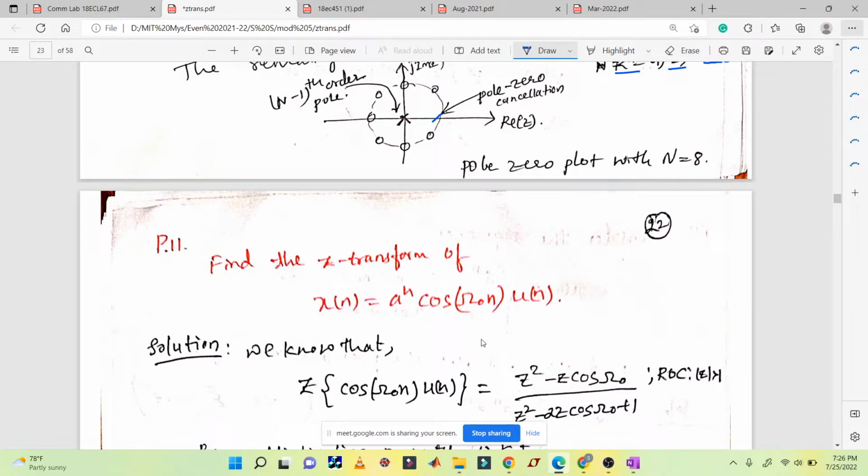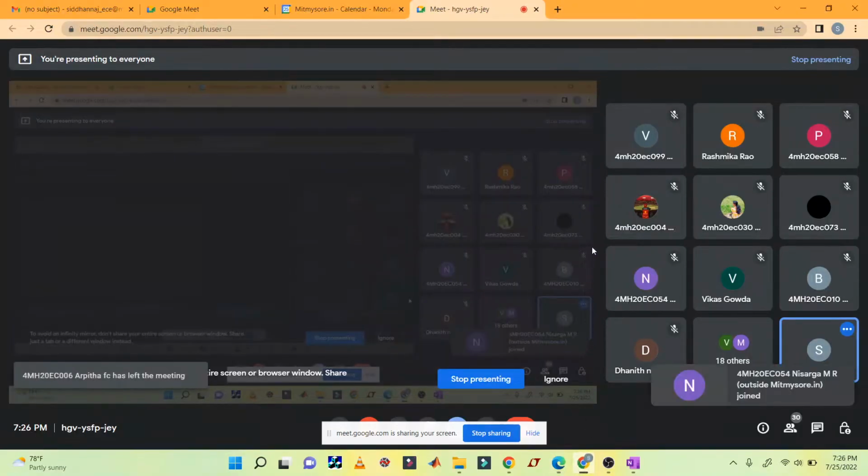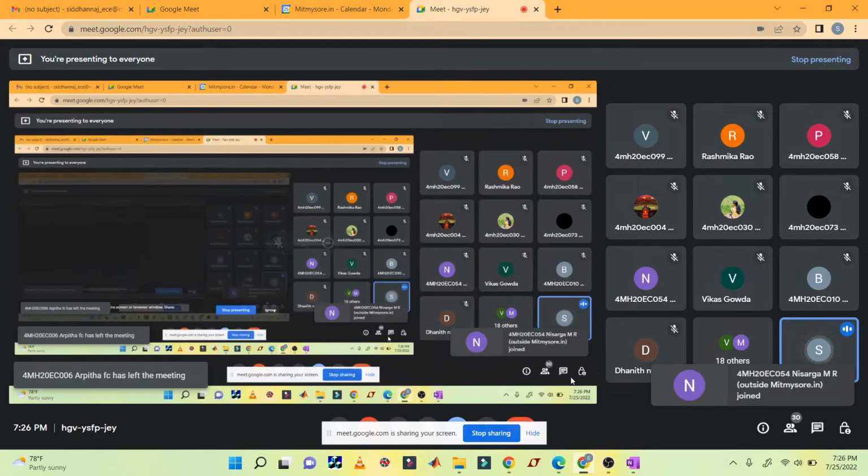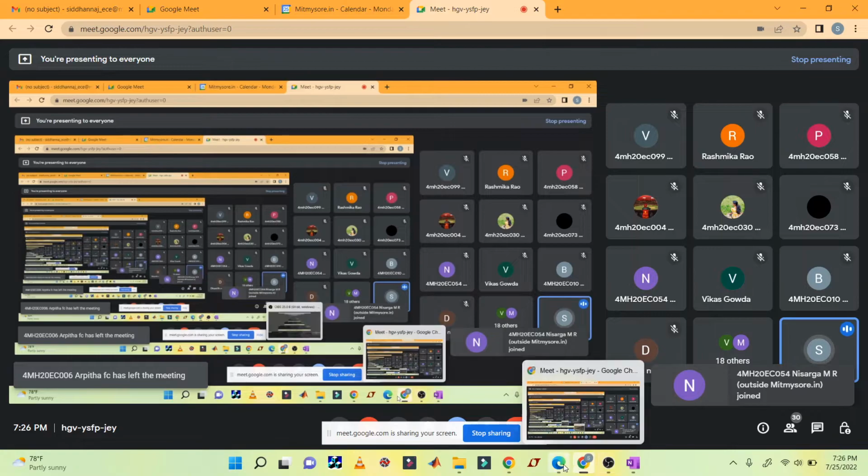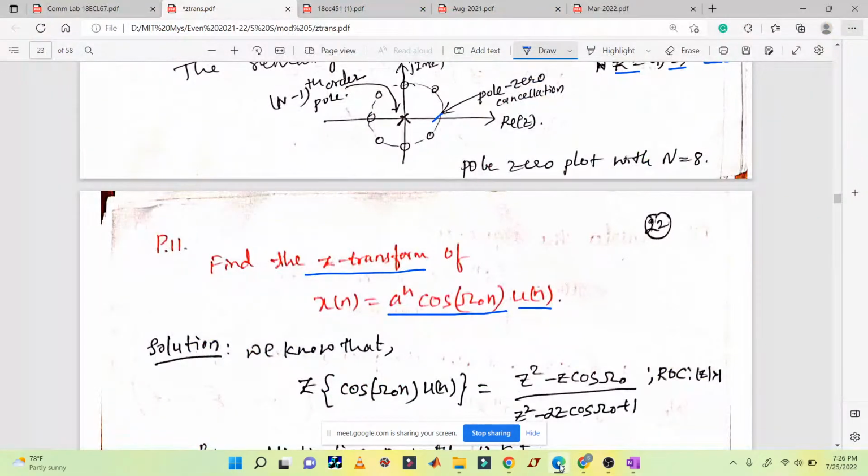So the next problem is, find the Z transform of a to the power n cos omega naught n u of n. Okay. This problem, how to solve? Anyone, can you tell how this problem can be solved? Let me know how to solve this problem.